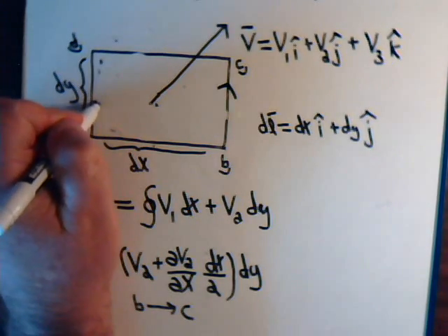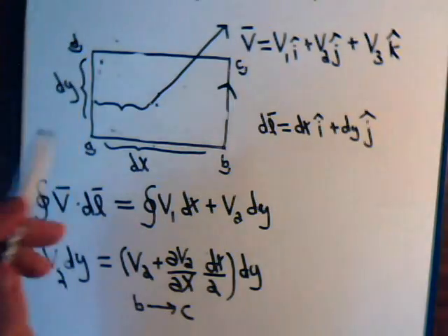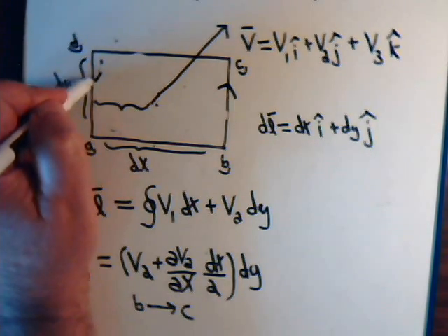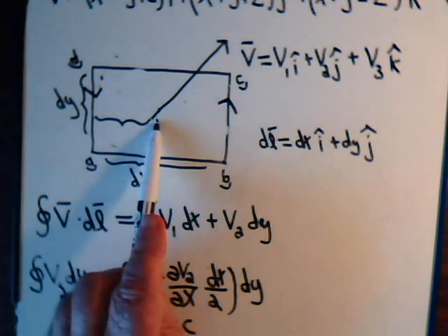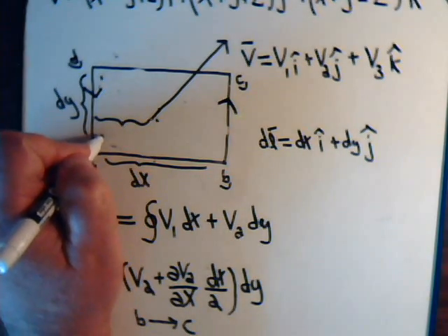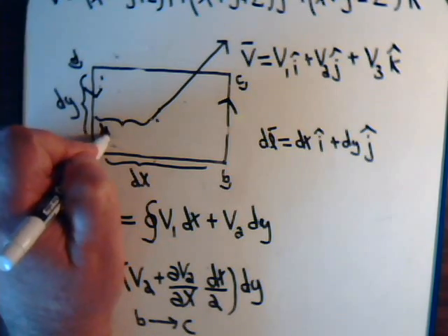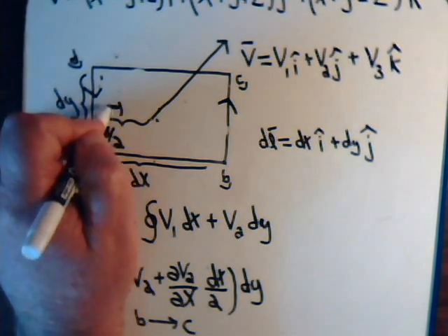Now, we want to go over to here and go from D down to A. But now, when we move the vector to be in juxtaposition with this infinitesimal path, again, it gets moved by an amount of dx over 2. We went to the left.